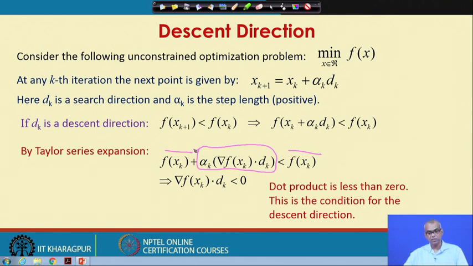Since alpha k is positive, we see that the gradient of f at x k dot dk is less than 0.